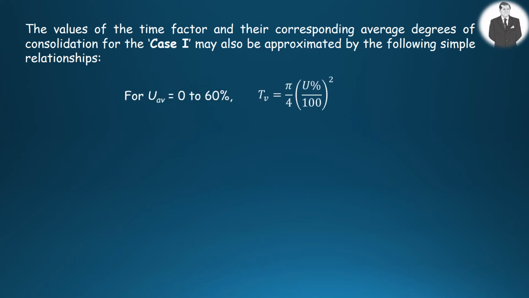For the average degree of consolidation between 0 and 60%, the time factor can be obtained using this expression. For the average degree of consolidation greater than 60%, time factor can be approximated using this expression given here.